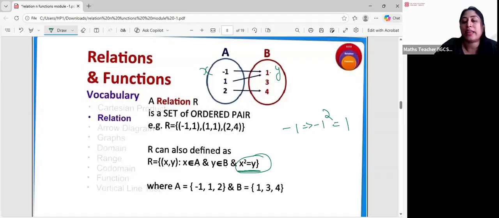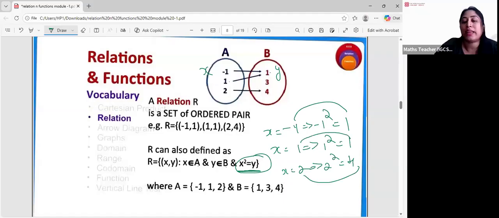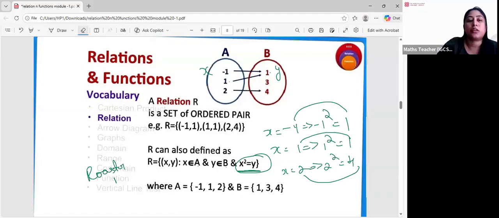Next, x equal to 1: 1 squared is also 1. And x equal to 2: 2 squared is 4. So minus 1 is related to 1, plus 1 is related to 1, and 2 is related to 4. The condition mentioned is x squared equals y, and this is our set builder form.